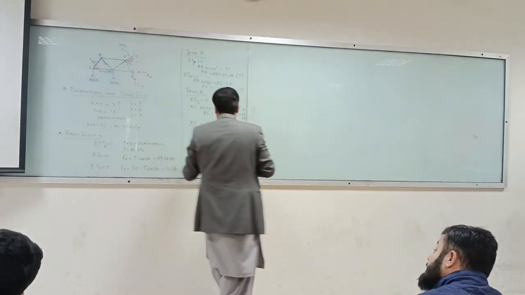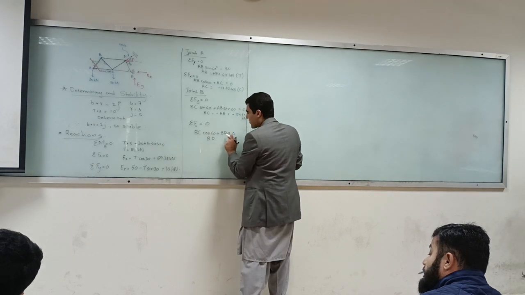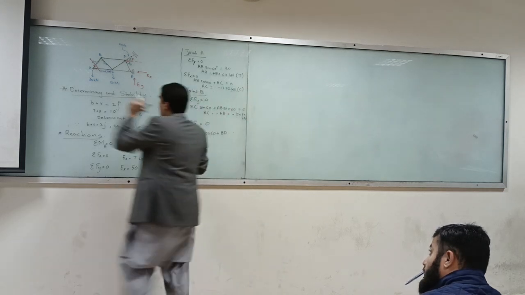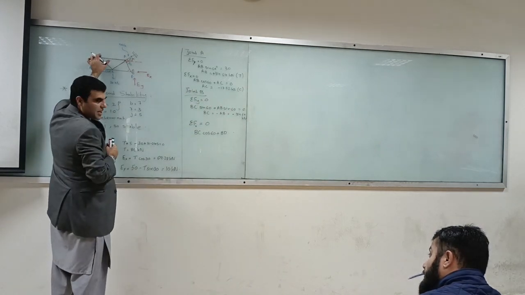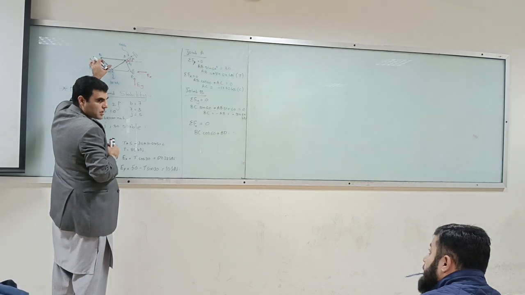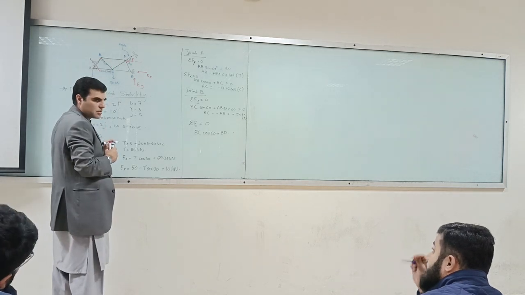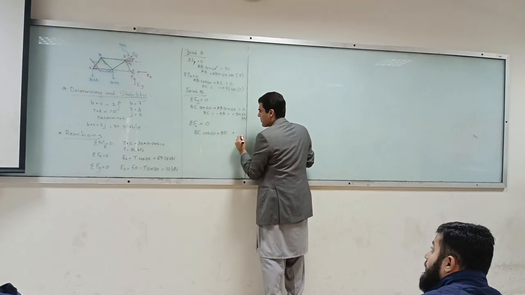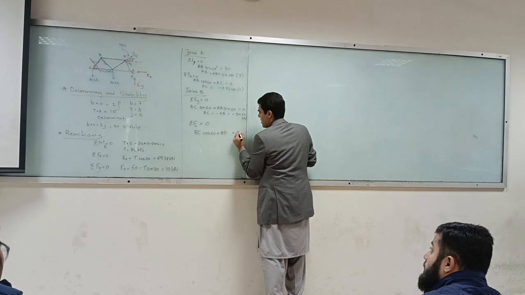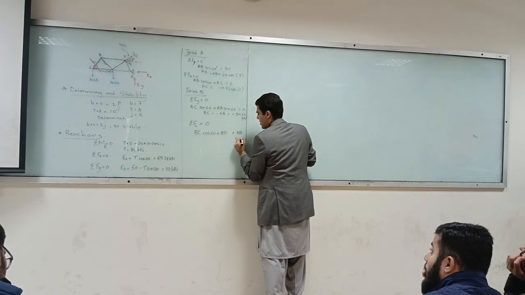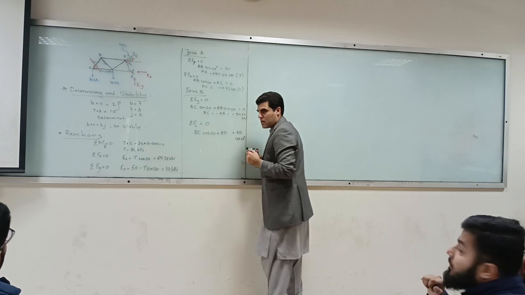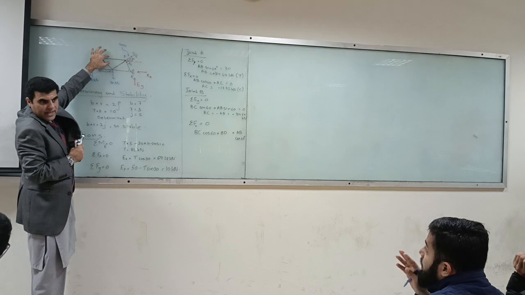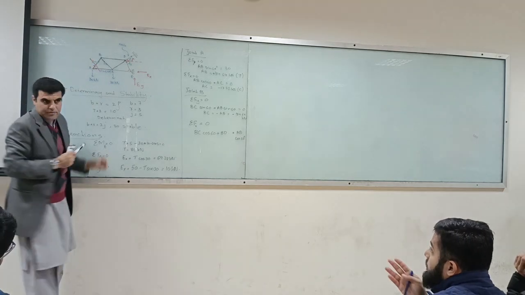So BC cos 60 degree plus BD cos 60 and AB cos 60, and this should be equal to... because the tension in these two directions must be equal to this one.